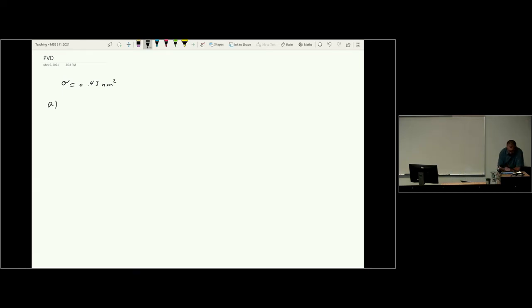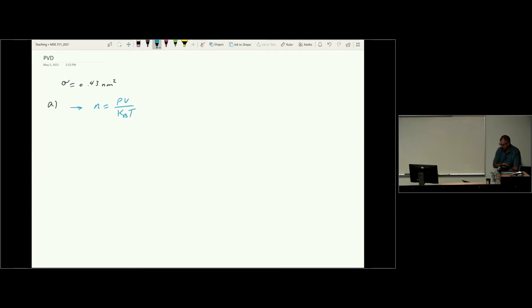From the ideal gas law, I know that N is equal to PV over KBT.